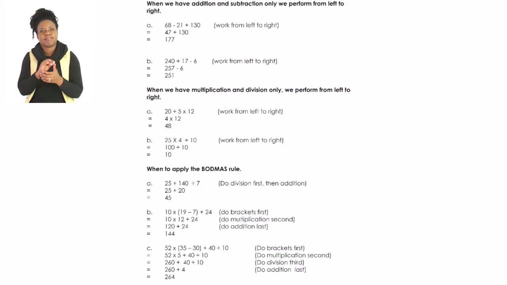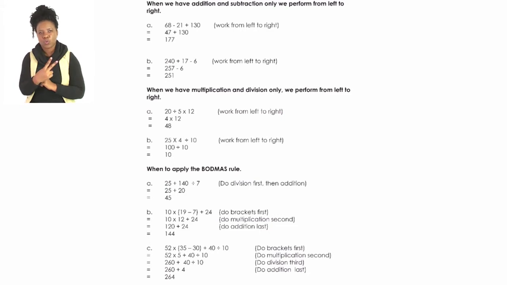So now we're going to do the addition part first. So we're going to say 240 plus 17. That part we're going to do first. And that equals 257 minus 6. Now we do the minus part. And we say 257 minus 6 equals 251.